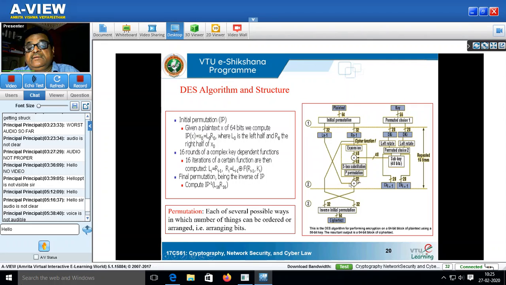And whatever we get as the output, the left side of it becomes the right side.